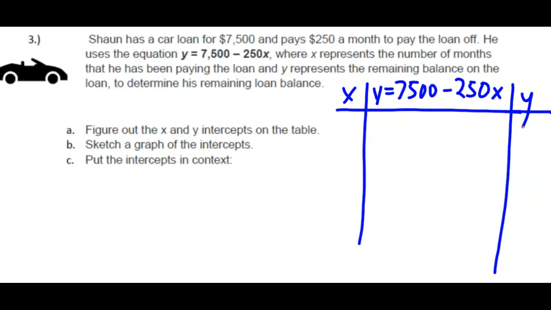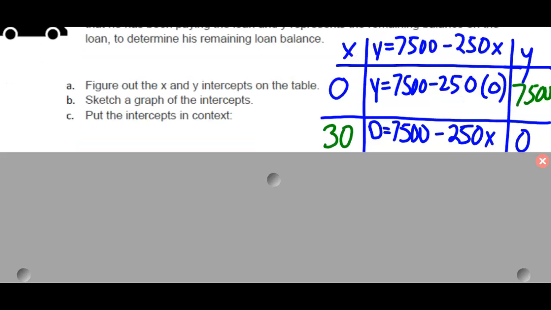All right. I would like you to find your x and y-intercepts. How are you going to set that up? Pause the video and then come back to check your answer. Okay, so when you put your 0 in for your x, you should have calculated that your y was 7,500. When you put 0 in for your y, you should have calculated that your x value is 30.